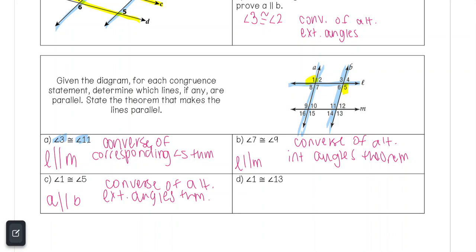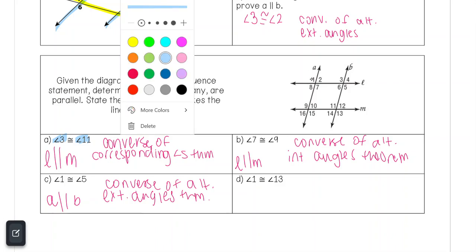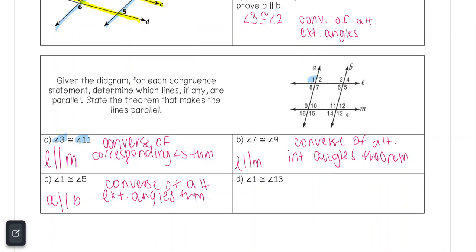And then the final example, we're told that angle 1 is congruent to angle 13. So notice that those two angles are not touching the same transversal because 13 is touching B while 1 is touching A. Or if you wanted to look at it as 13 is touching M and 1 is touching L. Lots of letters, sorry.